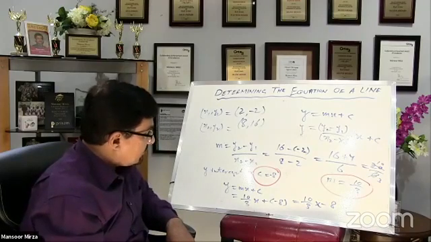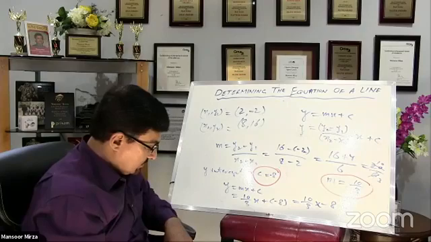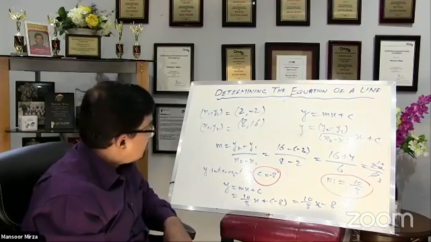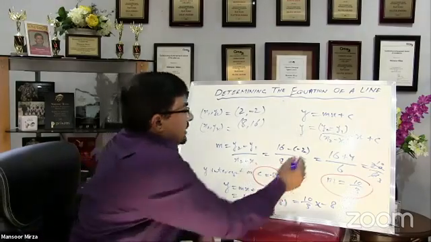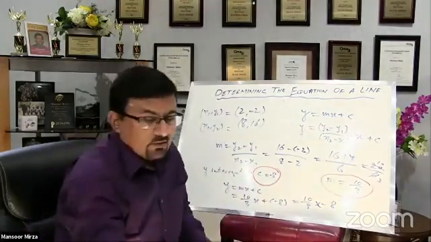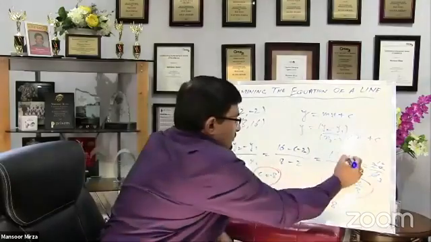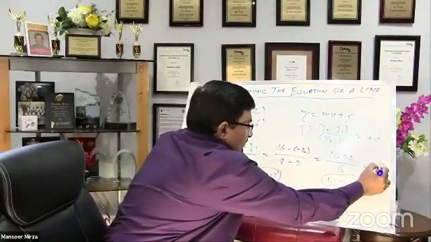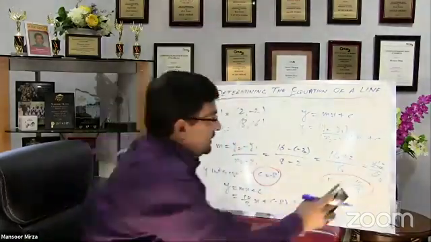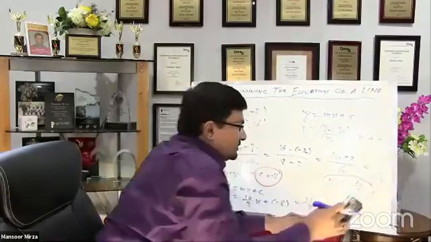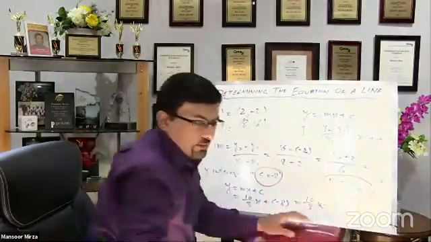The other one was 16 minus, sorry, that was minus 2, so it will be plus 2. This will give us 18. I apologize for this mistake.